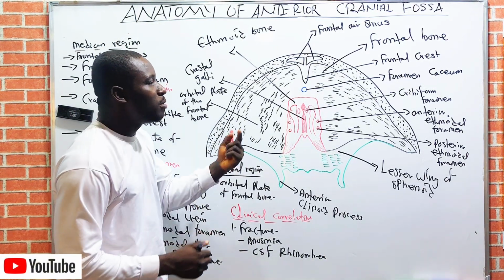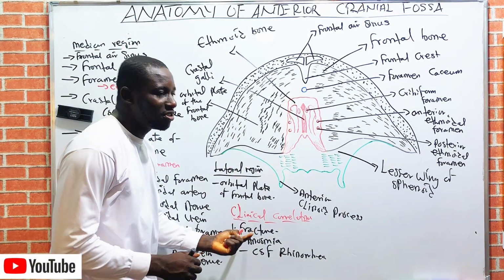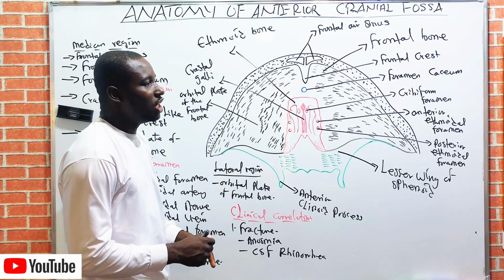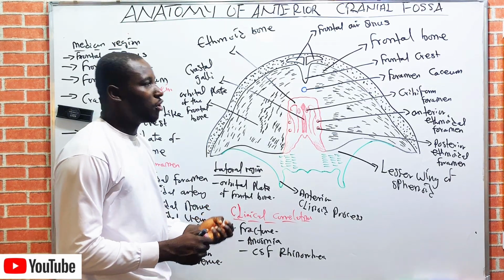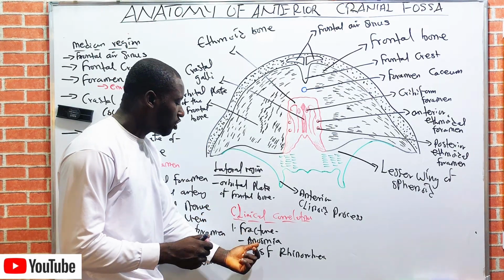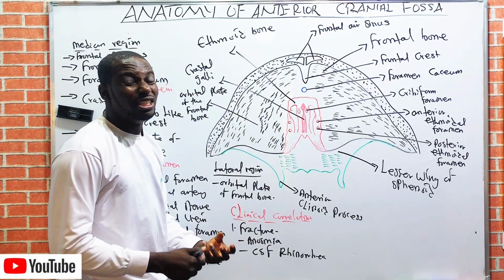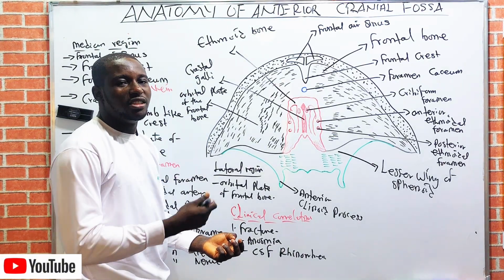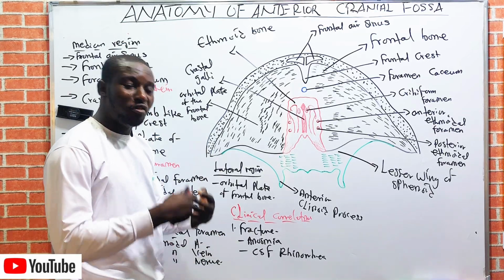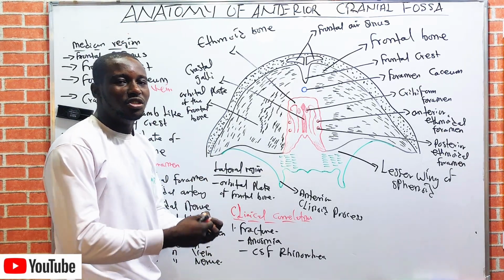Because the cribriform plate of ethmoid bone transmits the what? The olfactory nerve from the cribriform foramen. So fracture to it will cause lesion to the what? Olfactory nerve, which will lead to derangement in conducting smelling sensation.